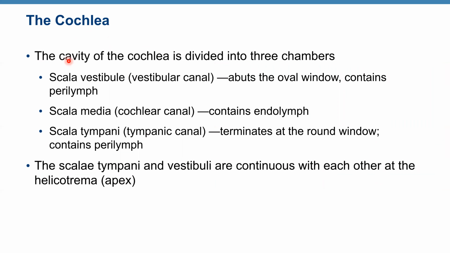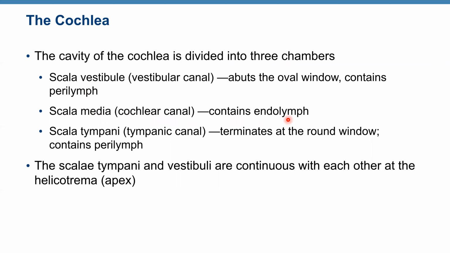So the cavity of the cochlea is divided into 3 chambers. Scala vestibuli, the tube on the top, is called the vestibular canal. It contains perilymph and starts at the oval window. Then in the middle, we have scala media or cochlear canal.